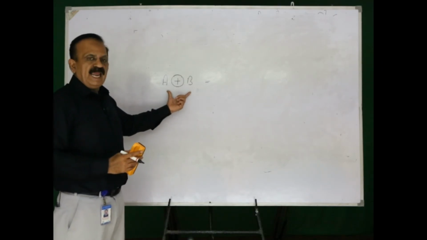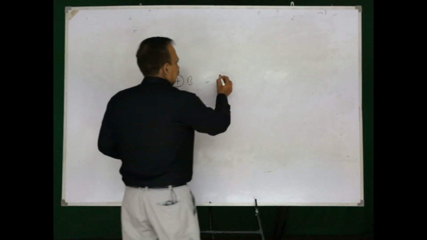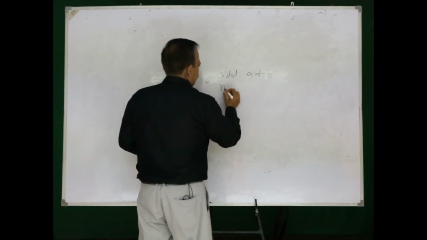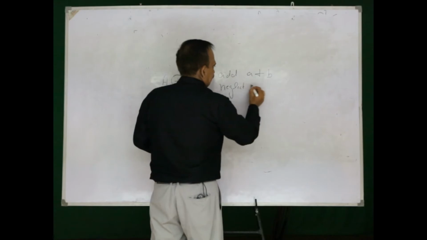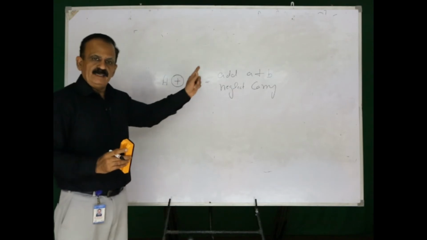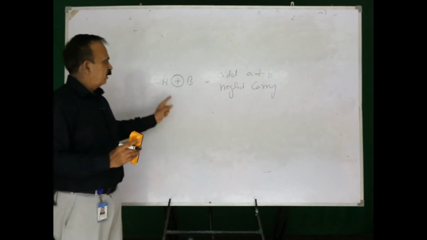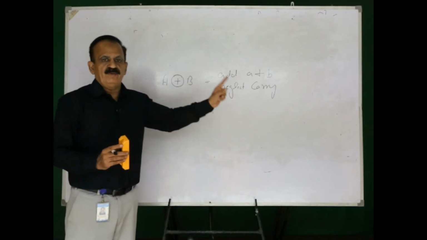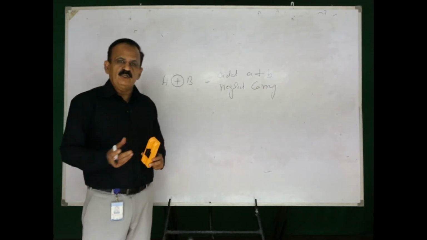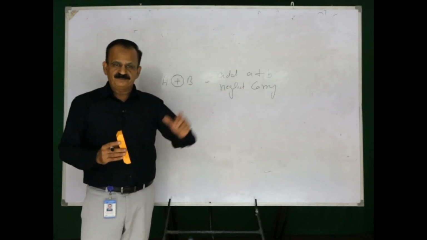This means add A and B and neglect the carry if any. Like 0 plus 0, it will be 0, 0 plus 1, it will be 1, 1 plus 0, it will be 1. Now the case is 1 plus 1, 1 plus 1 is 0 and the carry is 1, and here the sum is going to be 0.